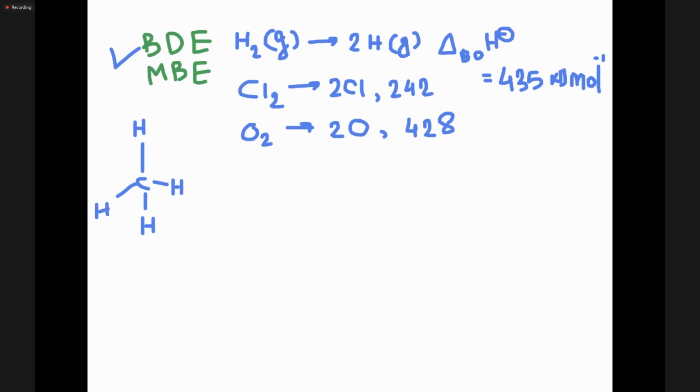So we have 5 atoms over here. That's why methane is a polyatomic molecule.